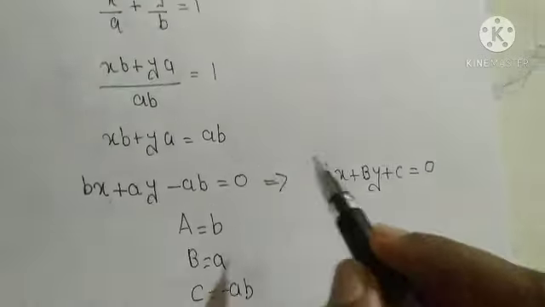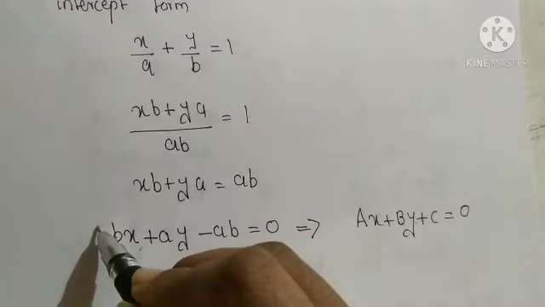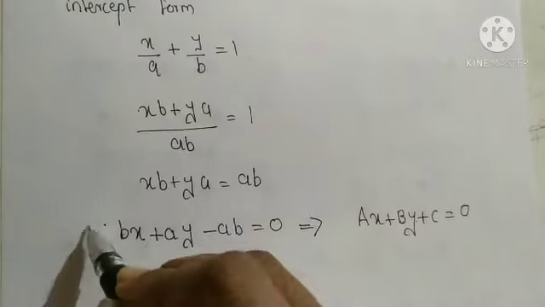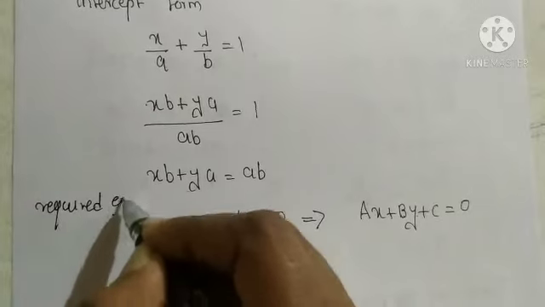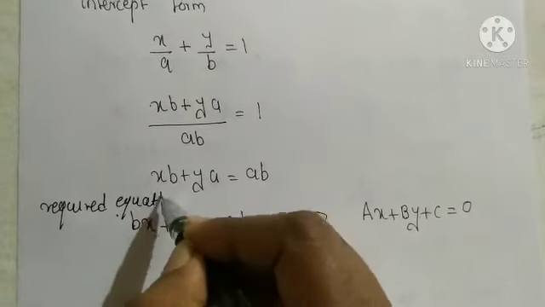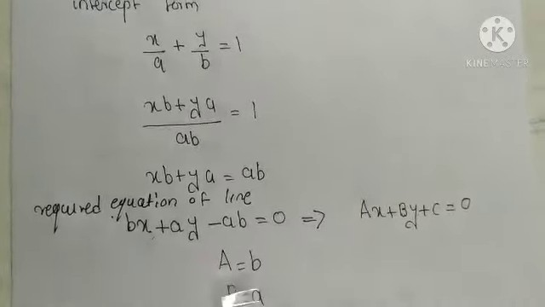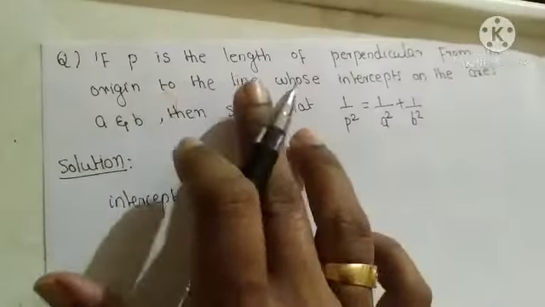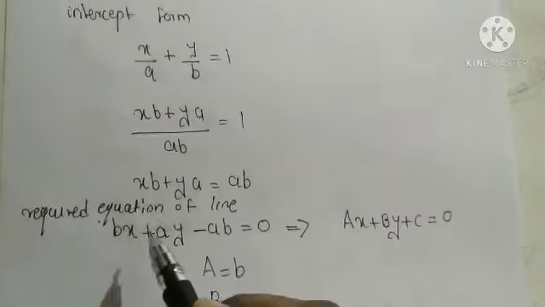So from now we get this is the equation of line. Okay, this is our required equation of line, and given that P is the length of perpendicular from the origin to this line.